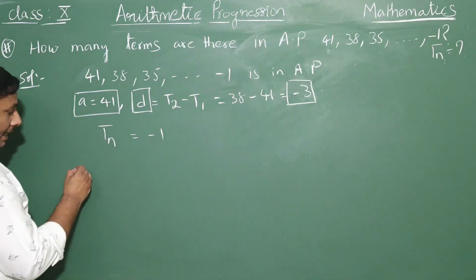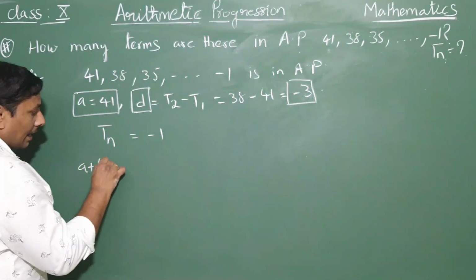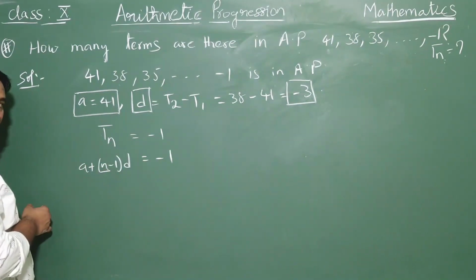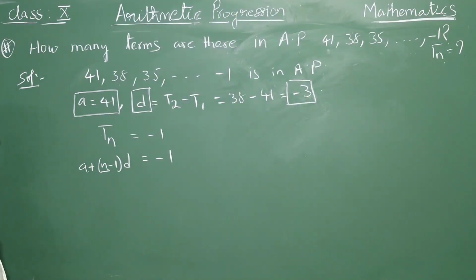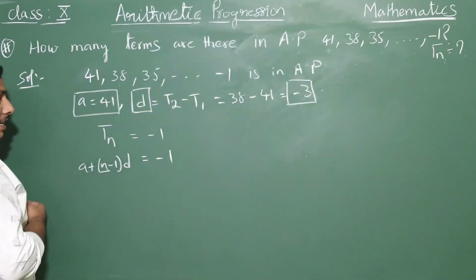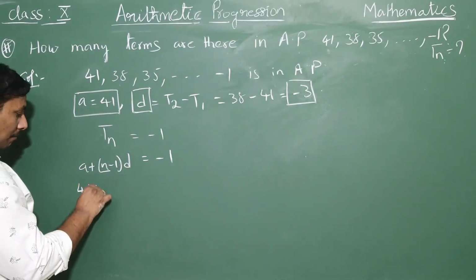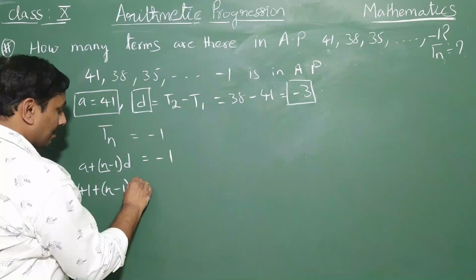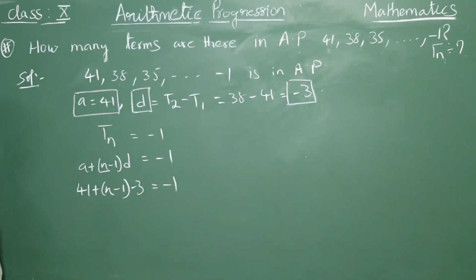What is the formula for Tn? A plus n minus 1 into D is equal to minus 1. We don't know the value of n, so we are going to find it. Substituting A is 41 plus n minus 1 into D, D is minus 3, is equal to minus 1.